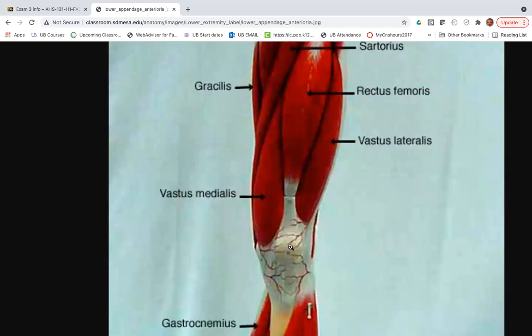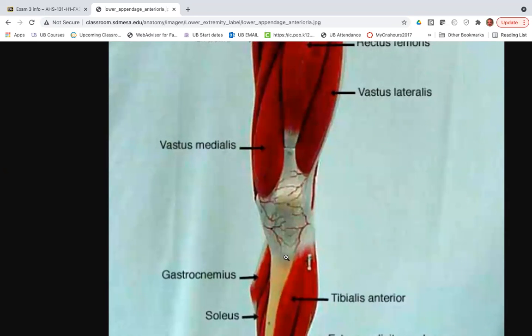All of them cross over the patella. You can see they all have this common insertion. They cross over the patella, and then they have their final destination or their final insertion right here on the tibial tubercle or tibial tuberosity.